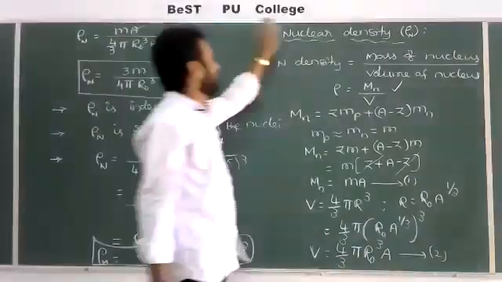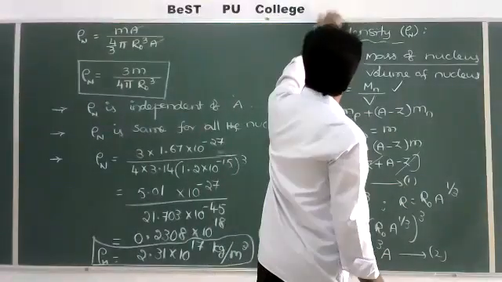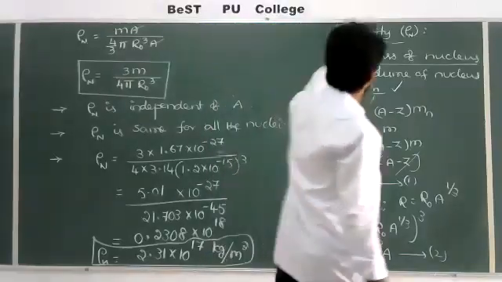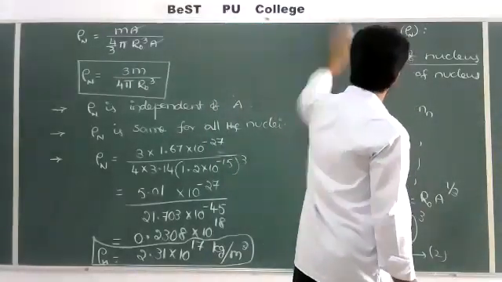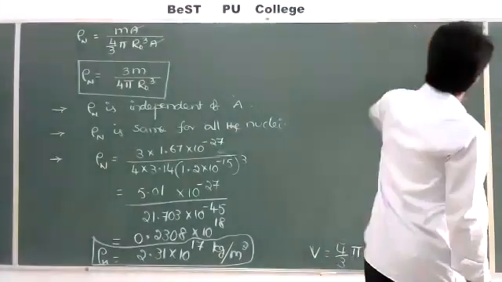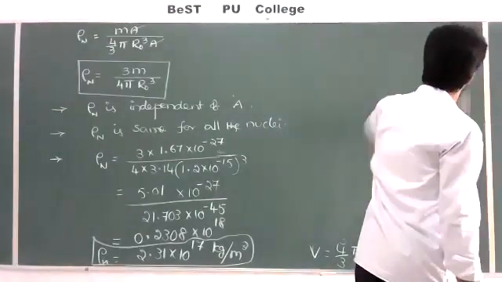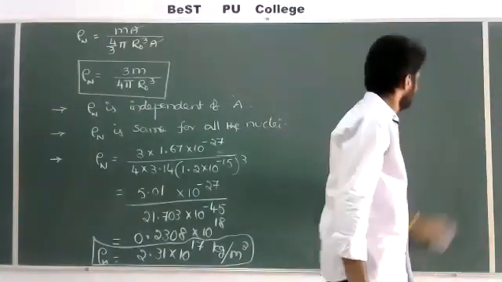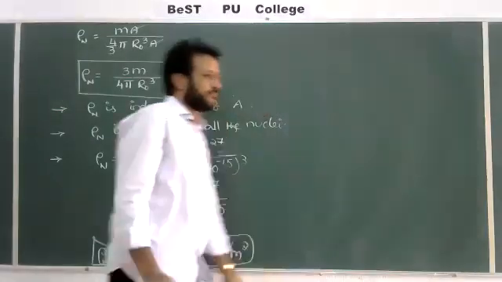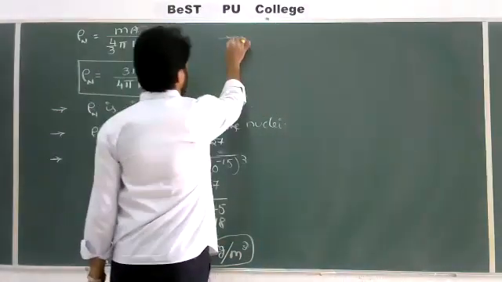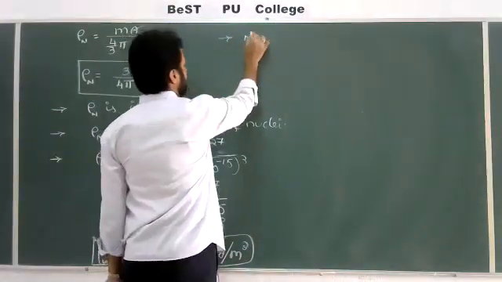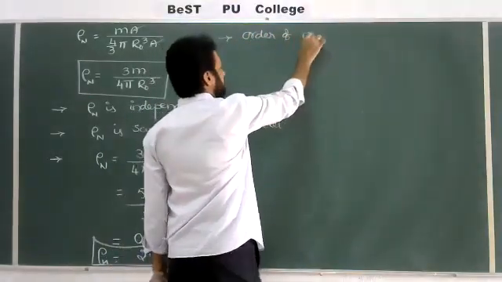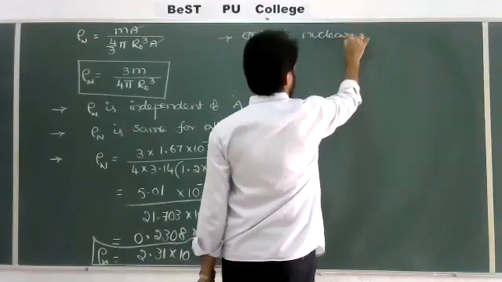Nuclear density is a very large value. Check carefully: 10 power 17 kg per meter cube. Very, very large value, even compared to water. So we get the order of nuclear density.